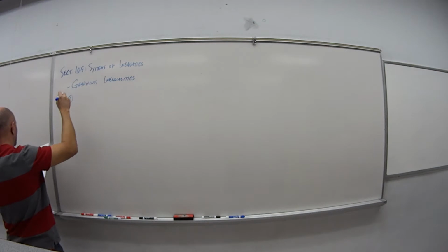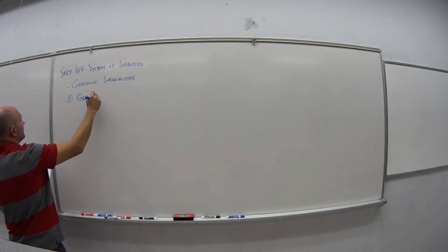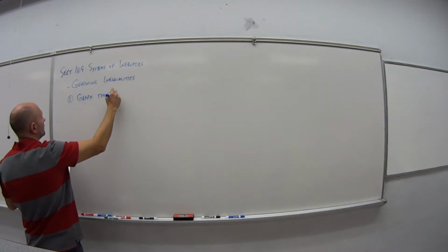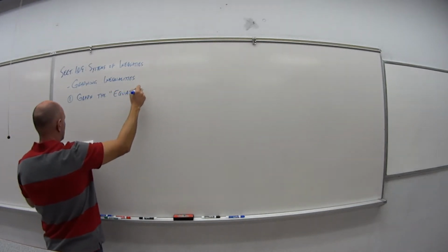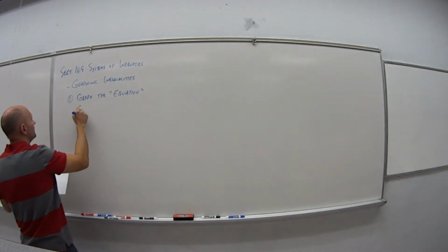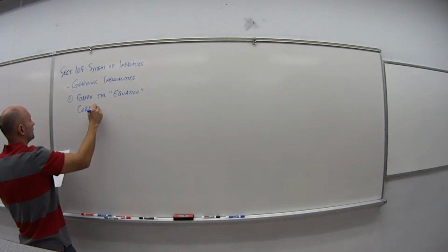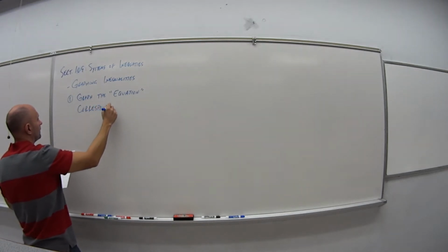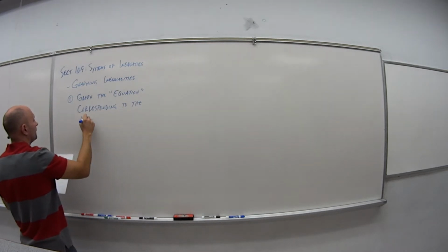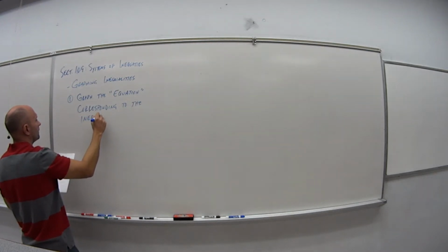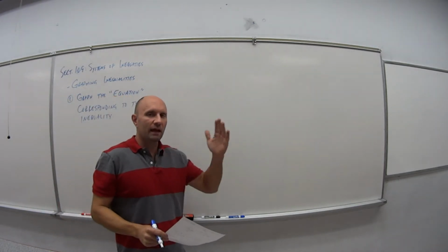First, we graph the equation corresponding to the inequality. So we change the inequality to an equal sign and then we graph it.